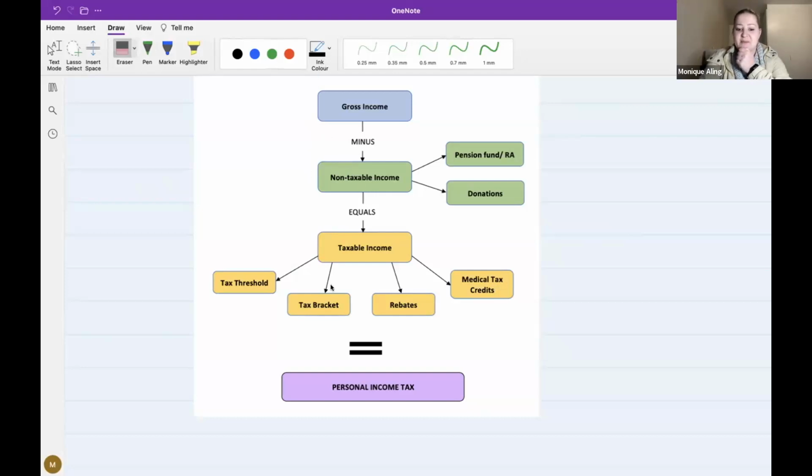Who remembers what a rebate is? Yes, something like a discount. That's exactly it. It's a little portion that gets taken off your tax amount based on your age. So it's basically that someone gets a discount based on age. So the older you are, the more discounts you might get.